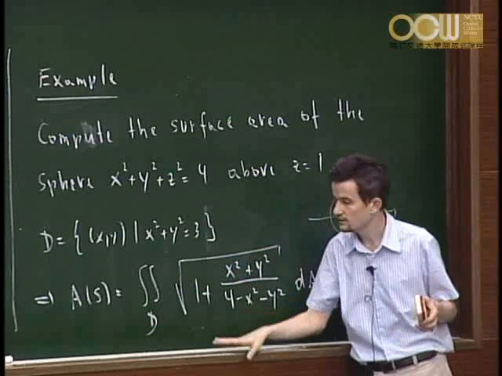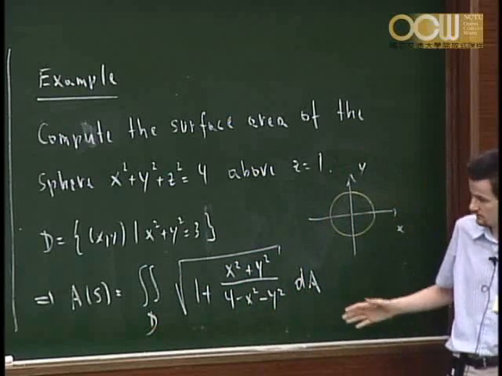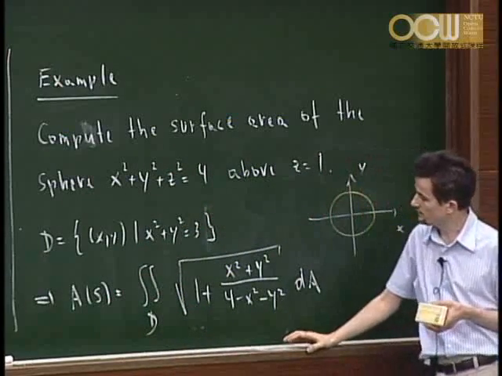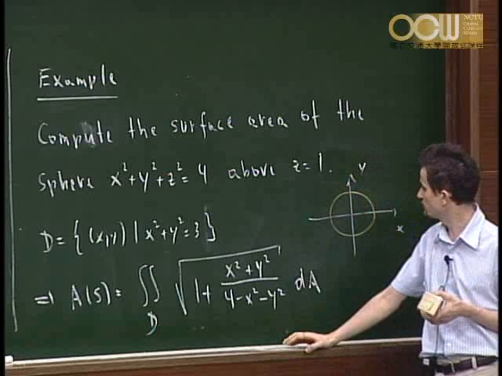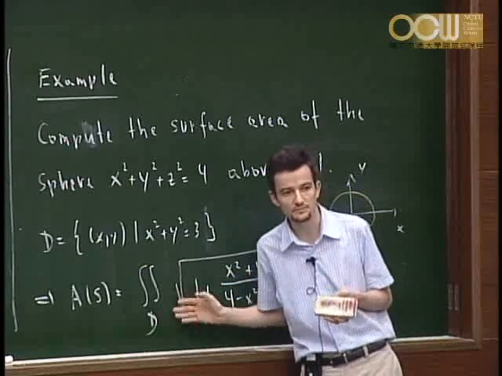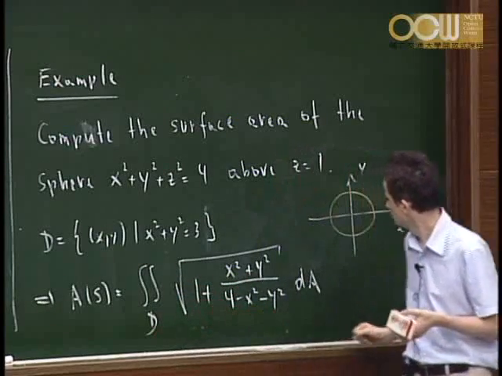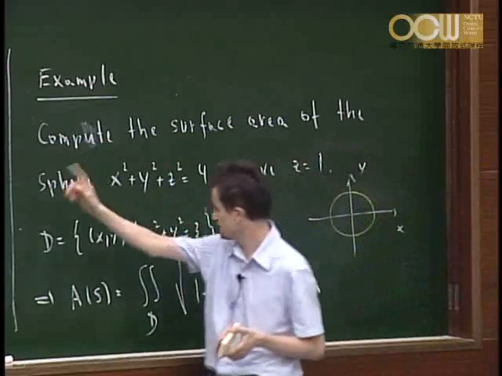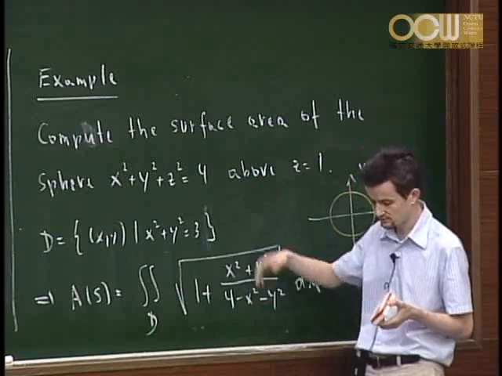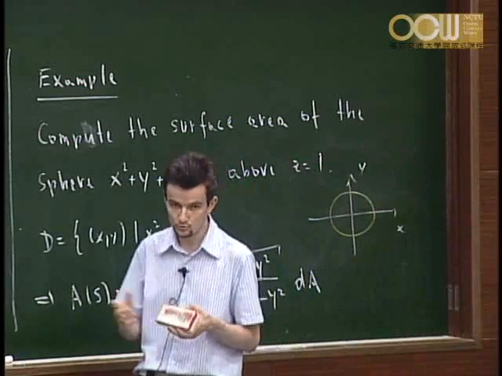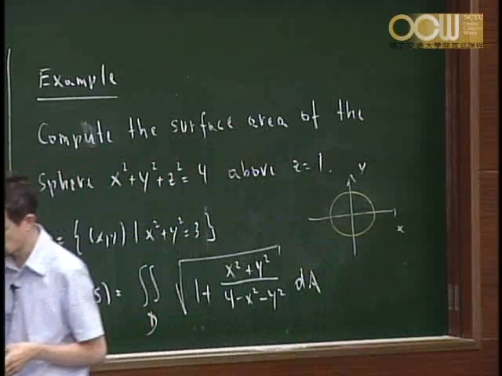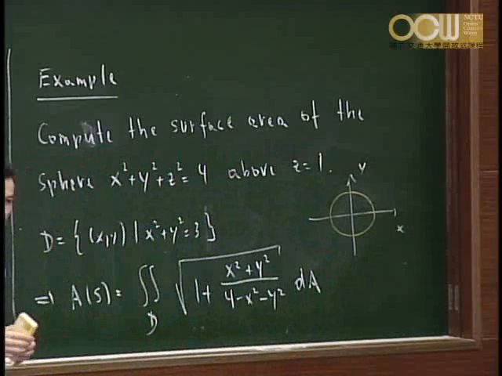So if you want to use this formula in order to recover the formula which you have learned already in high school for the surface area of the sphere, you get an improper integral. But this is not a big problem because you just use this kind of computation where you replace here 3 by some a squared, and then you let a tend to 2, which is the same as introducing polar coordinates and then treating properly the improper integral.